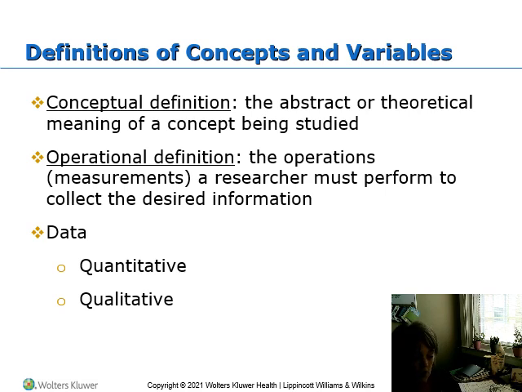That may be age. That may be gender at birth, it may be gender identity. So it's those measurements. It might be a tool, it may be height, it might be weight, and often those operational definitions guide the researchers.